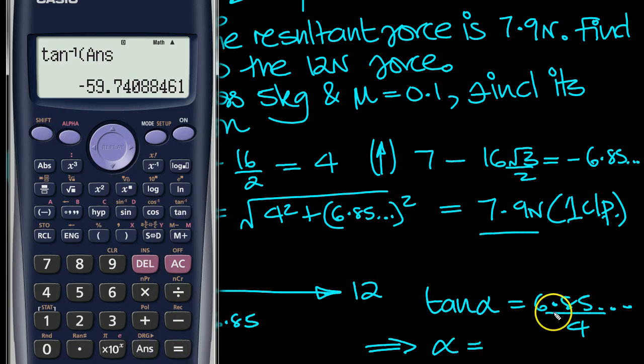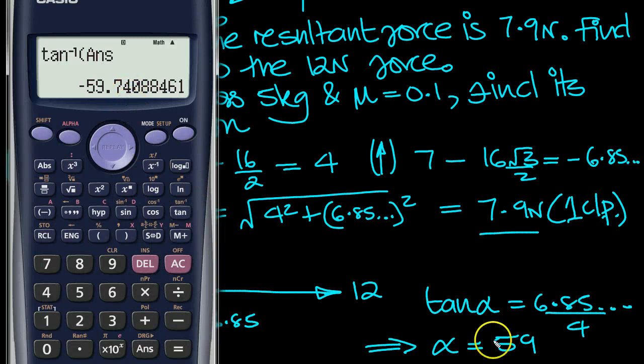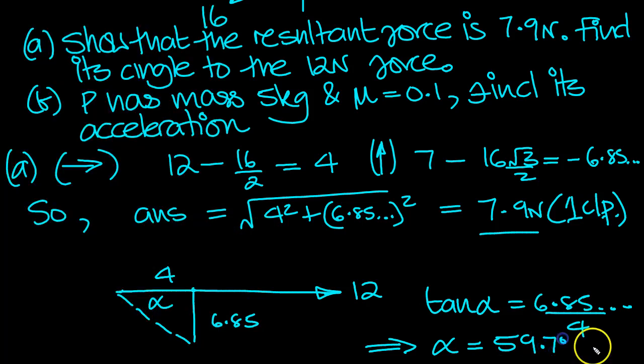It was a minus, but we can ignore that because it's just the angle we're interested in. 59.7 degrees, to 1 decimal place. So there's the angle it makes to the 12 newton force.